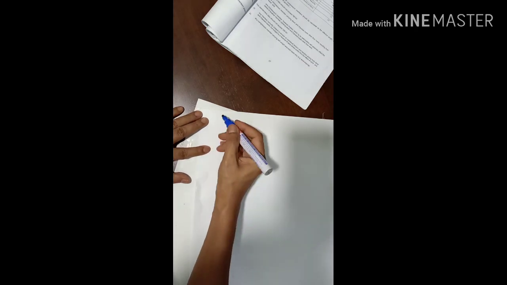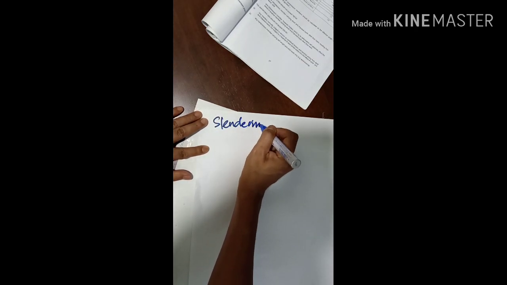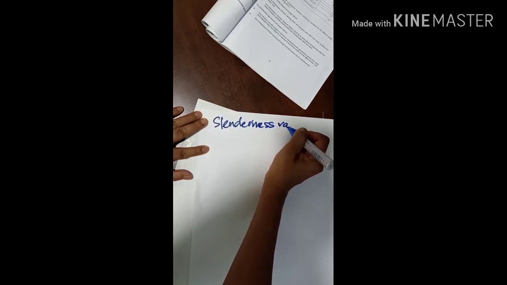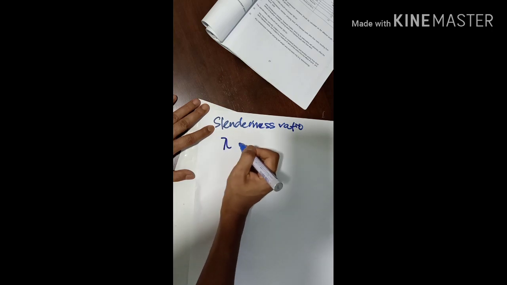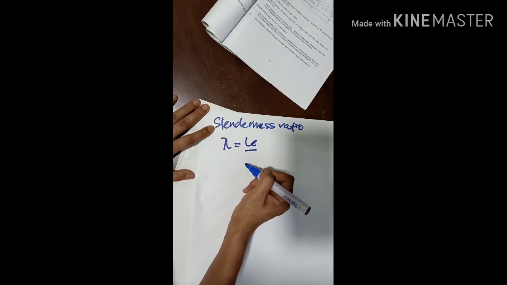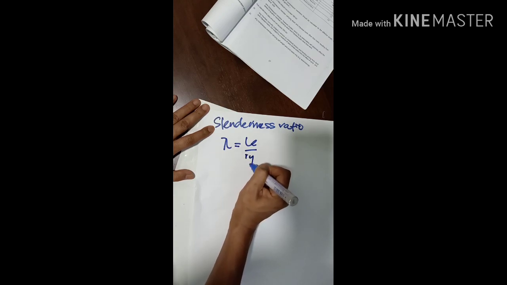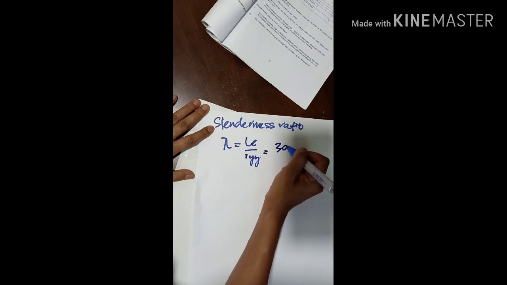The slenderness ratio of the column is given by the equation LE over the radius of gyration.